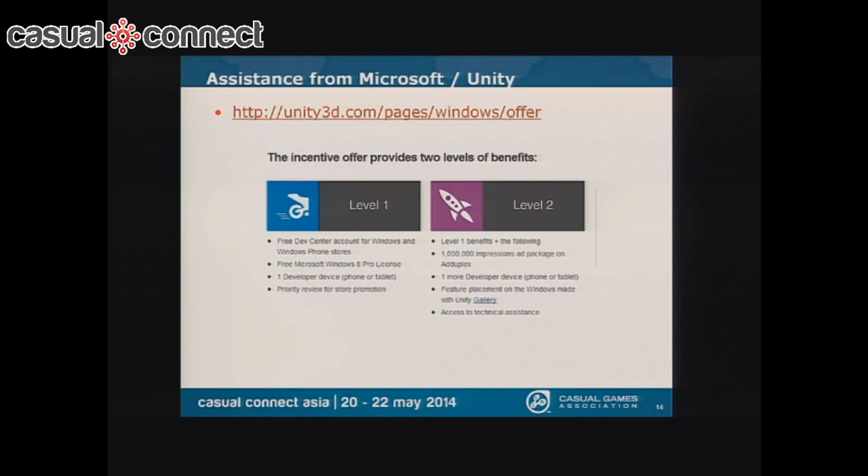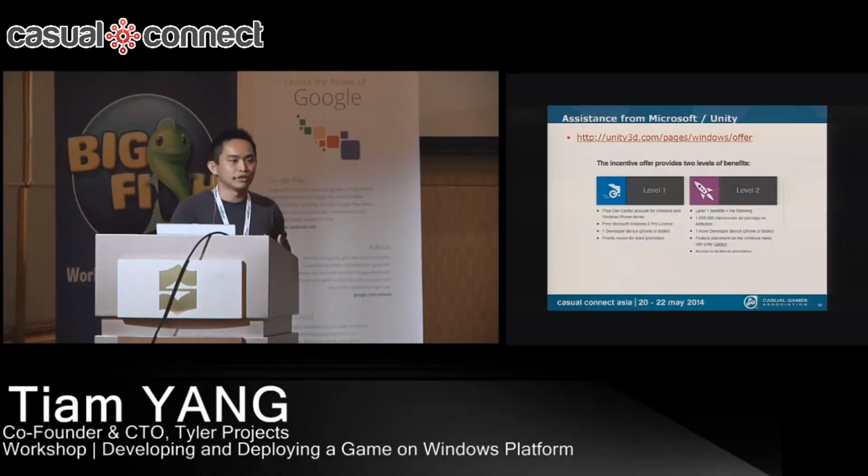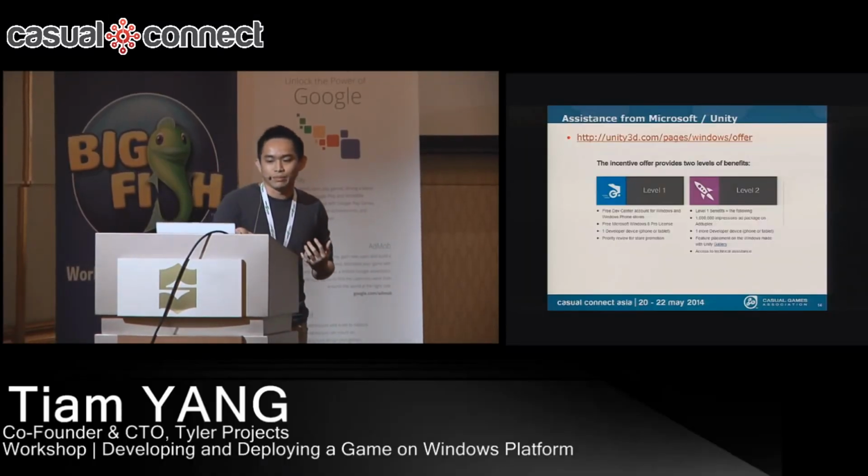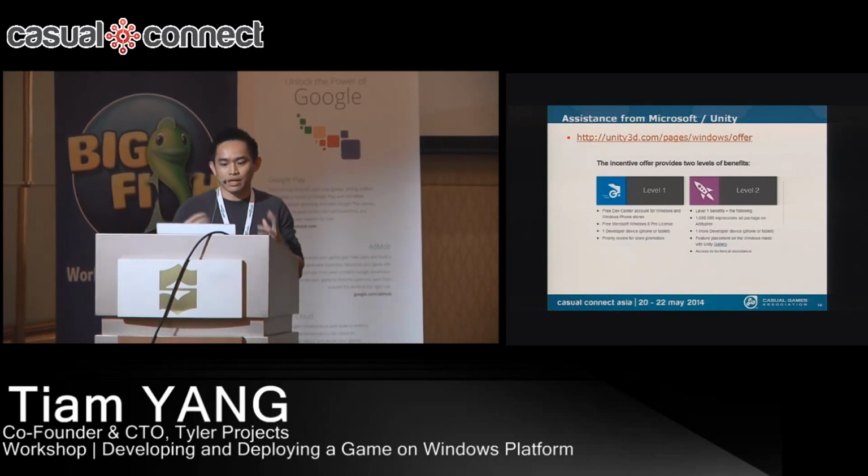After that, by submitting a beta prototype, you might also be eligible for a free developer device, either a phone or a tablet. And if your game is of a higher quality, you will get additional benefits like 1 million impressions, an ad package on Ad Duplex, additional devices, a chance to get featured, and access to technical assistance.